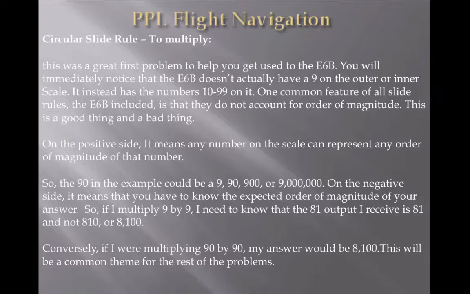So 9 by 9, you know it's going to be sub 100, and so therefore you can kind of work it out. And we need to do this quite a lot. Conversely, if we're multiplying 90 by 90, we know that it's not going to be sub 100. So 8,100 will be our answer, and that should be what we're expecting.